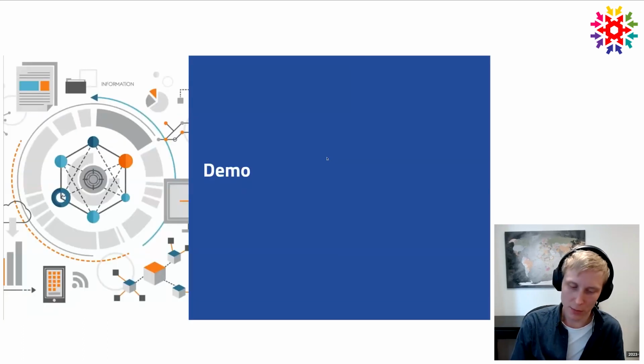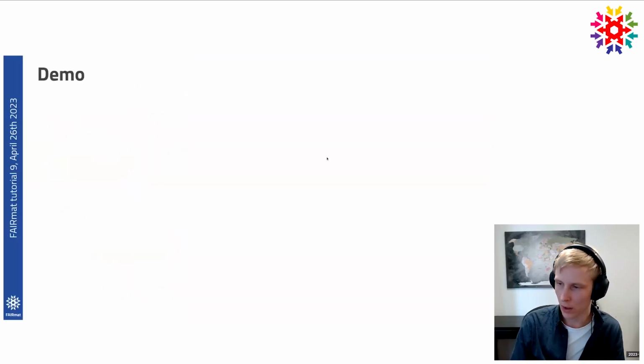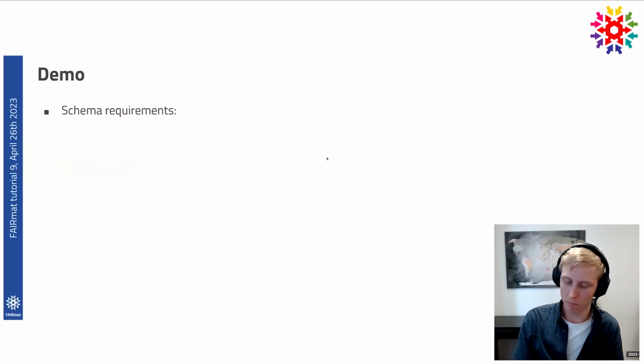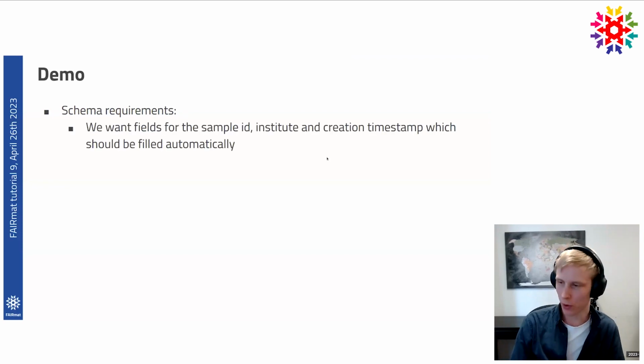So let's jump into an actual demo that showcases this use case that I was hinting at. We are now imagining a lab workflow where we have some researchers who run a few machines in a lab, and they want to digitize all of the information that they are capturing from these devices.